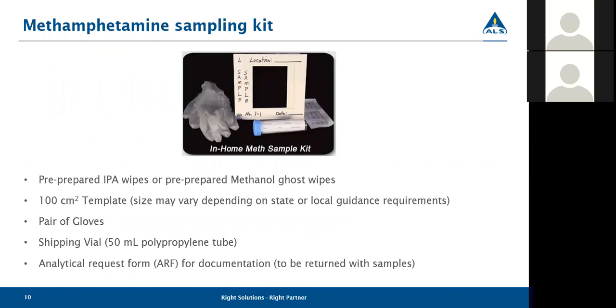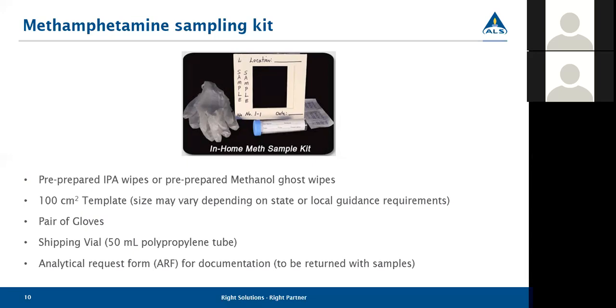We're going to take a little bit of time here to discuss methamphetamine sampling kits. The kits that we supply for sampling for methamphetamine contain either prepared alcohol wipes, or IPA wipes as they're called, or prepared methanol ghost wipes. It also contains a 100 centimeter squared template, but the size may vary depending on state or local guidance requirements.